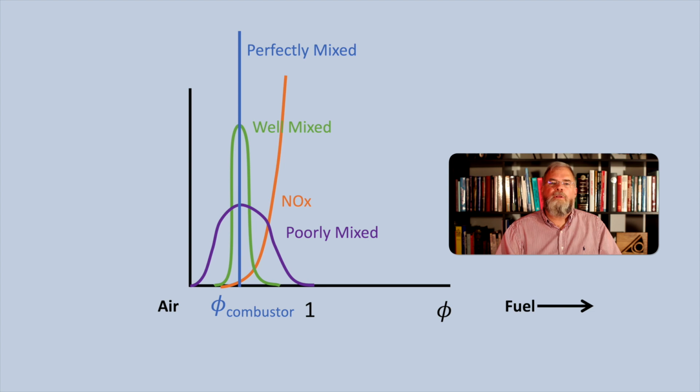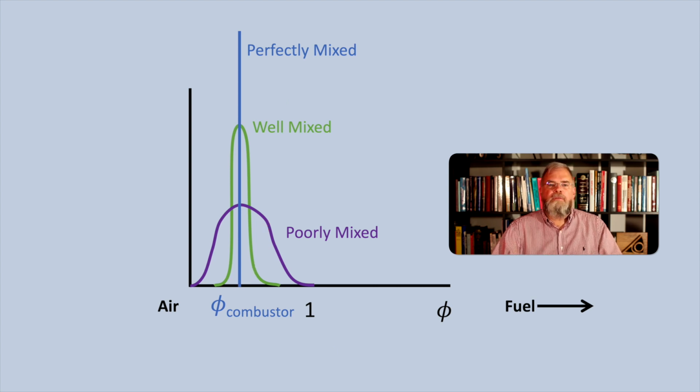Therefore, it is reasonable to say in this region that NOx formation is exponential with equivalence ratio. The portion of the flame with a lower than average equivalence ratio produces only a small reduction in NOx, while the portions with a higher than average equivalence ratio produce significantly more NOx. Thus, the worse the premixing, the larger the equivalence ratio distribution, the higher the NOx emissions.